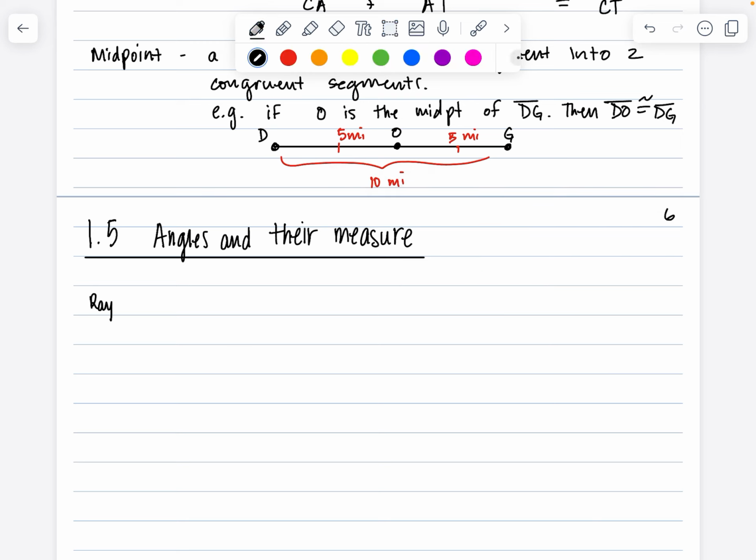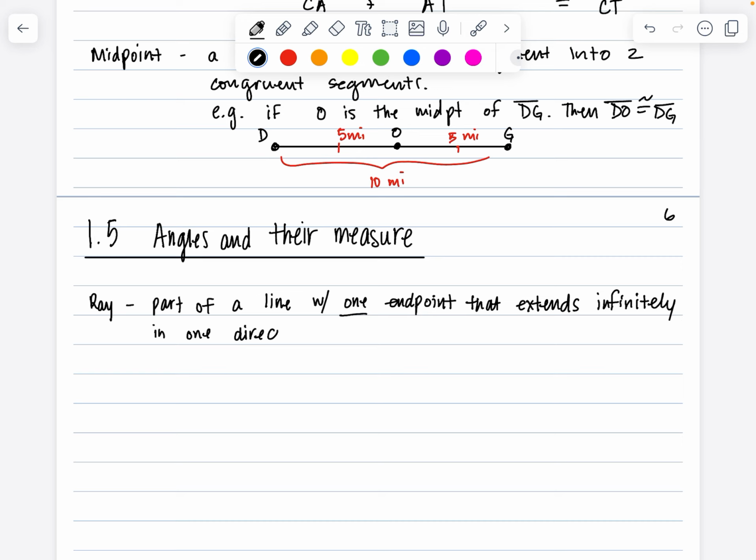So a ray is part of a line with one endpoint. I'm going to underline one endpoint that extends infinitely in one direction.